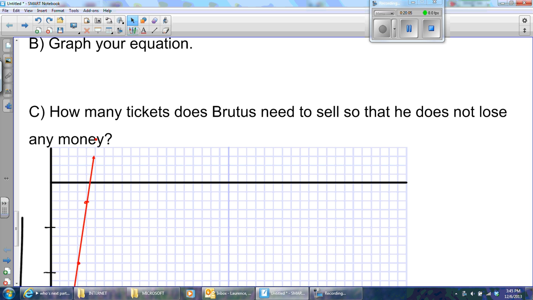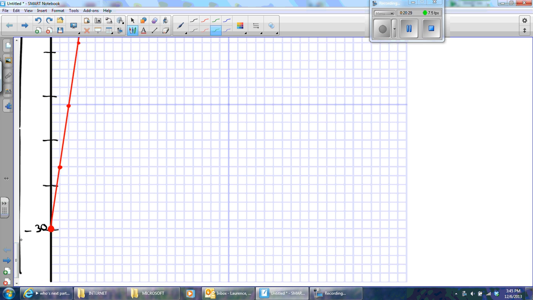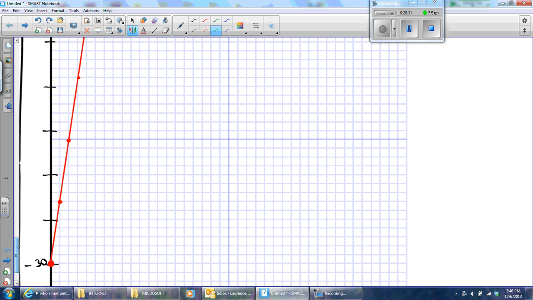As we look at this, x represents the number of tickets, right? And then the y-axis represents the profit made. So when he hasn't sold any tickets, his profit is negative $30, right?